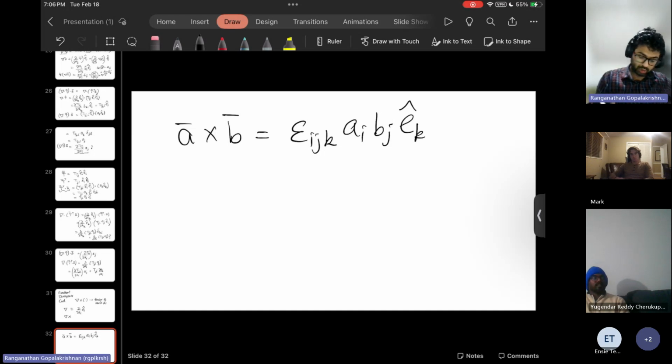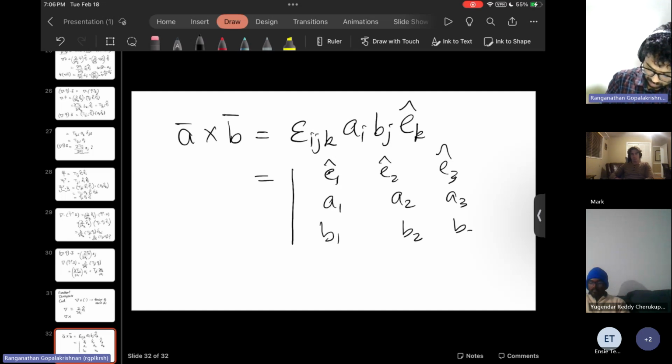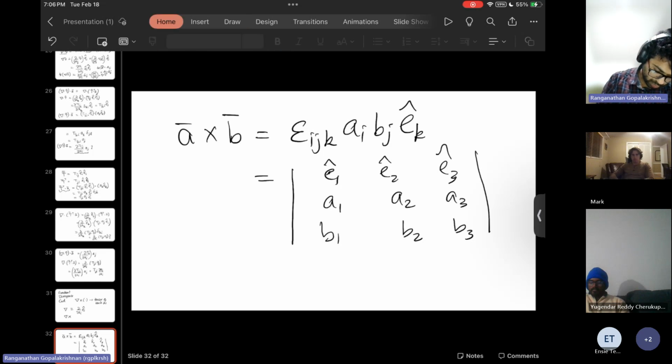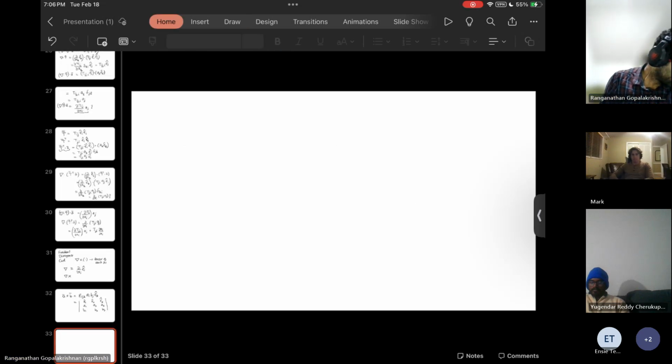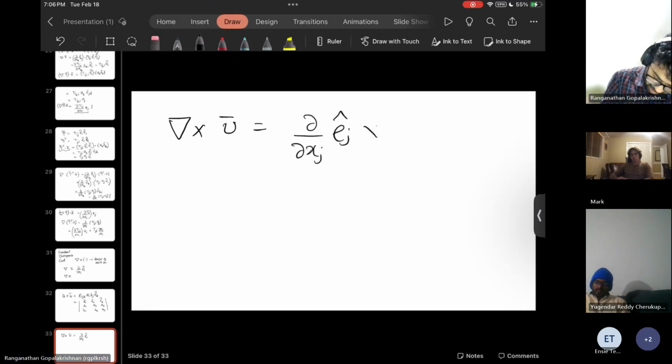Right? So you can also write this as the determinant with rows e1, e2, e3, A1, A2, A3, B1, B2, B3. This is what we know about the cross product. So when we do the curl of a vector, what we are writing here is partial over partial x_j e_j cross, we'll call this v_i e_i.